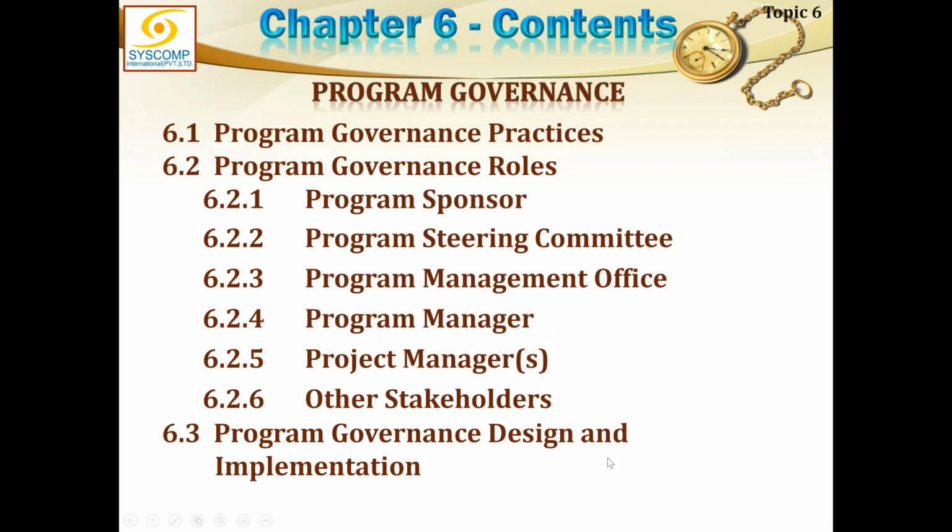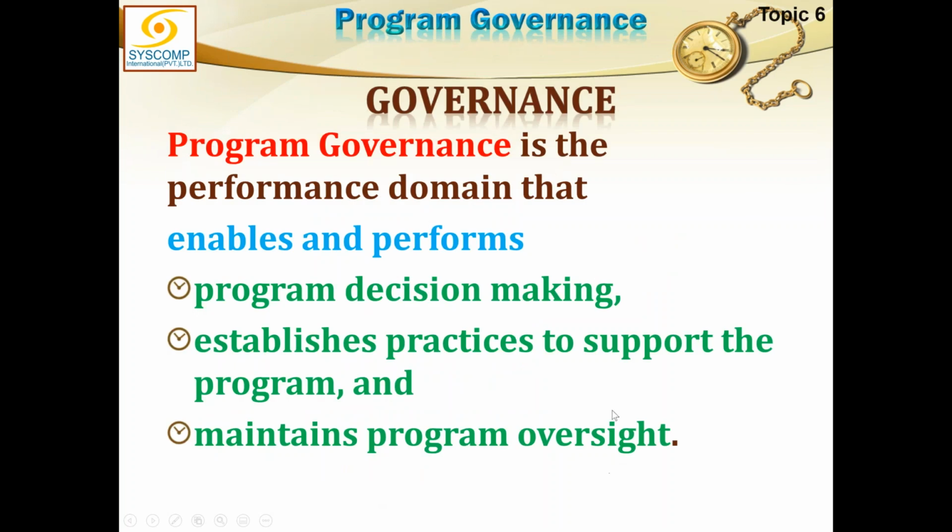Program governance design and implementation is the third heading. So what is program governance? Naturally, this is the next performance domain which we are going to discuss, and it enables and performs program decision making. Wherever a decision has to be taken and that decision is not within the power of the component or project managers or program managers, naturally such decisions are escalated to the next higher level.